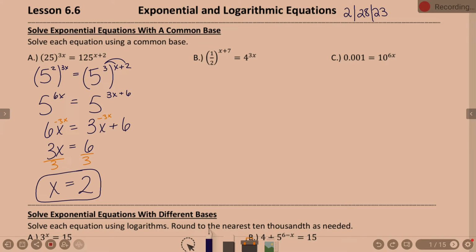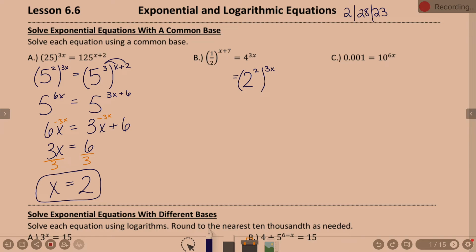What do you know about 4? 4 is 2 to the second, yes? So if I rewrite this 4 as 2 to the second, I'm setting myself up to have a base of 2.